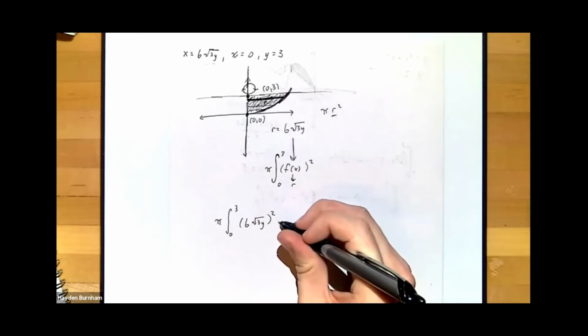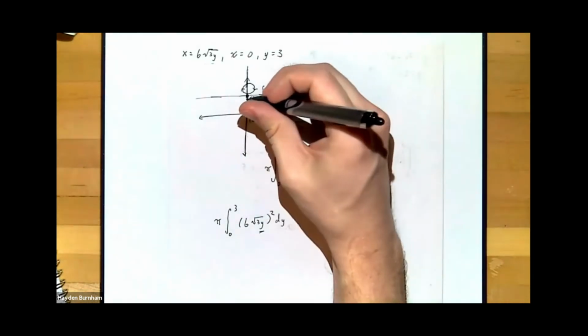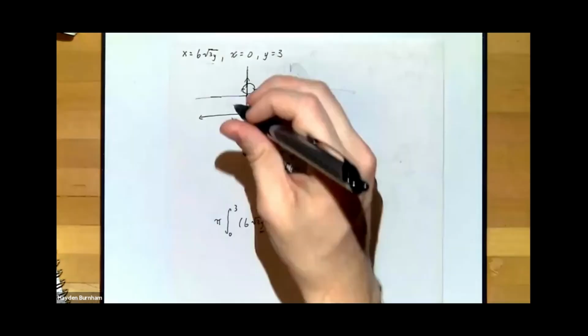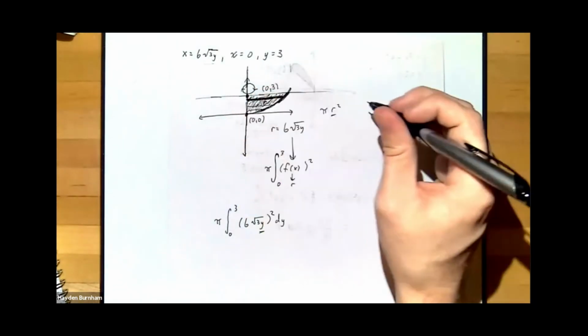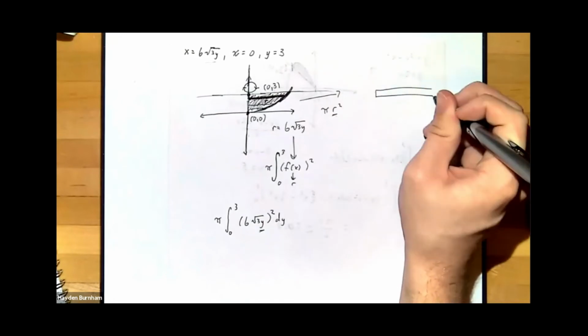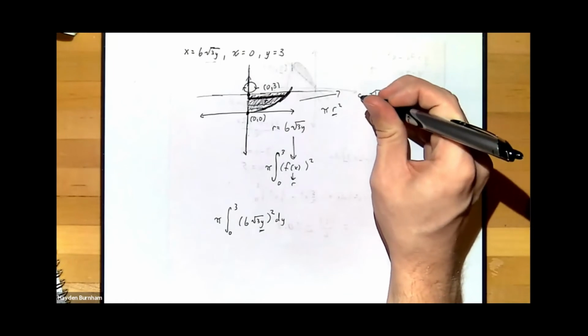squared dy. And the reason why it's a dy is, well, first of all, it's because we're doing this in terms of y. But the other reason you can think of it too is each disk that you're adding together has a little bit of thickness. Like if I was to zoom in on this disk that we're taking the slice from, it has this thickness dy.